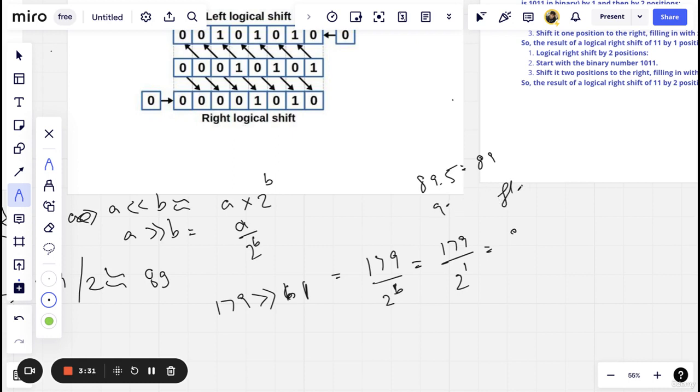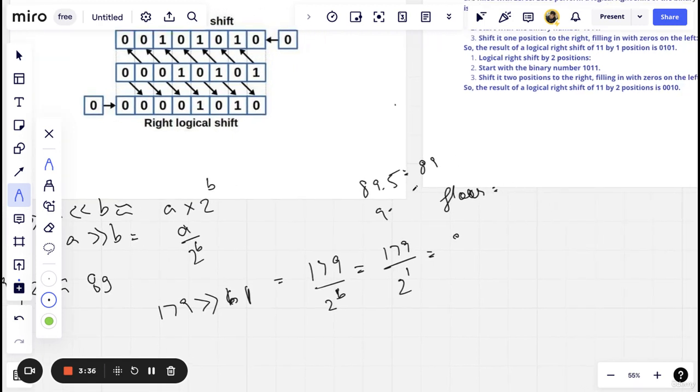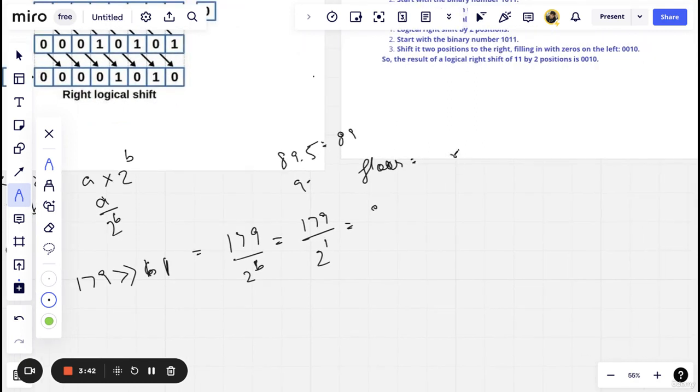So floor is the nearest integer one number less after rounding. So 89.5, when we round off, becomes 90, and the floor value of this will be, we will discard this and we will take 89.